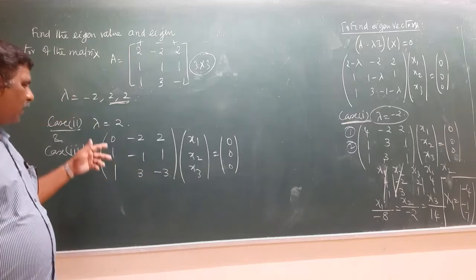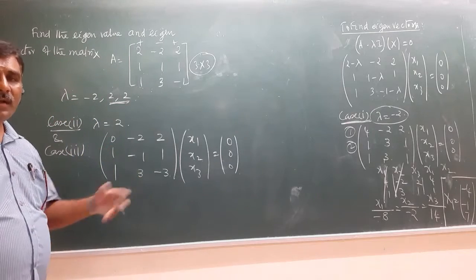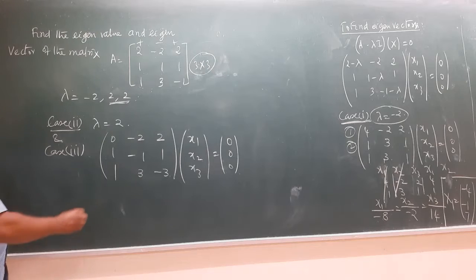In case the rows are not identical, how do we find the eigenvector?